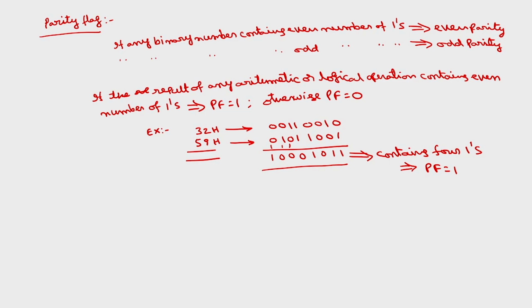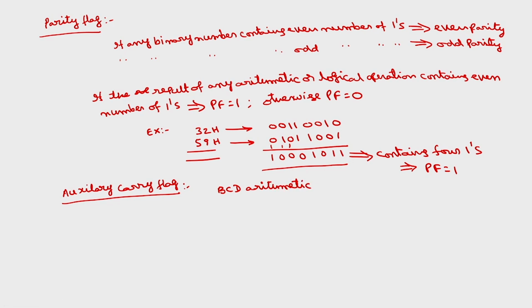Then, coming to the third conditional flag, which is the auxiliary carry flag. One is the simple carry flag, and this one is the auxiliary carry flag. Normally, the auxiliary carry flag is used in BCD arithmetic, that is, BCD addition and subtraction.